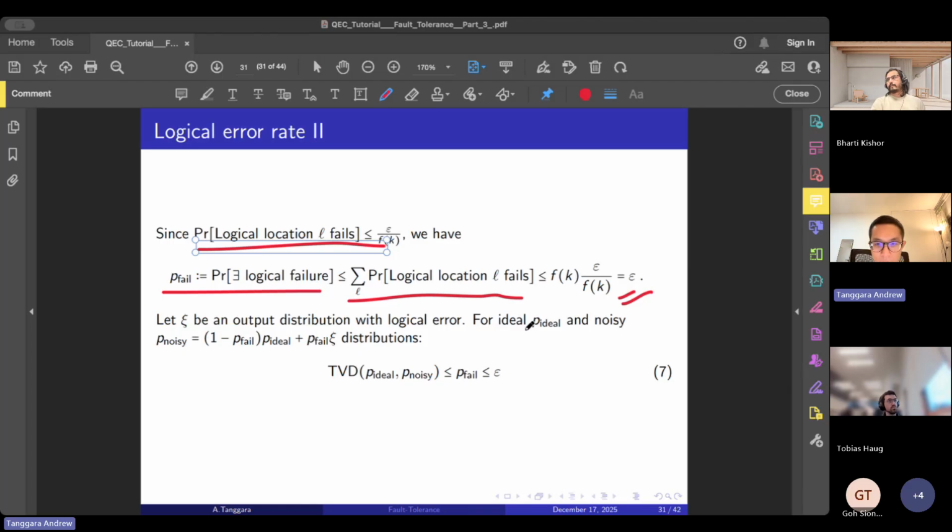Yeah, so that means if I have this ideal output probability and noisy output probability, with logical errors, so this is the failure probability, right? The probability of a noisy computation is just this probabilistic mixture between the ideal one and the noisy one. And then you can show that the total variation distance between these two distributions, the ideal one and the noisy one, is just epsilon.